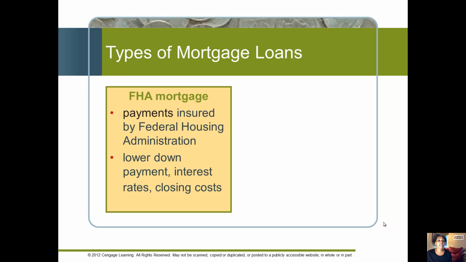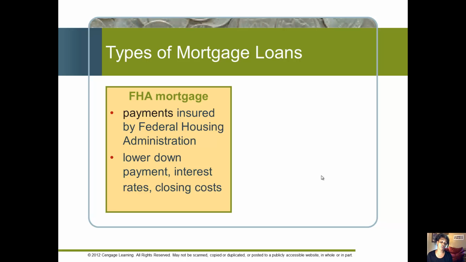Now, an FHA mortgage is very common. What that means is that the payments are insured by the Federal Housing Administration, the FHA. And so that allows the borrower, the home buyer, to have a lower down payment because of that insurance and lower interest rates and closing costs. So remember, we said that down payments typically are 5 to 20%.